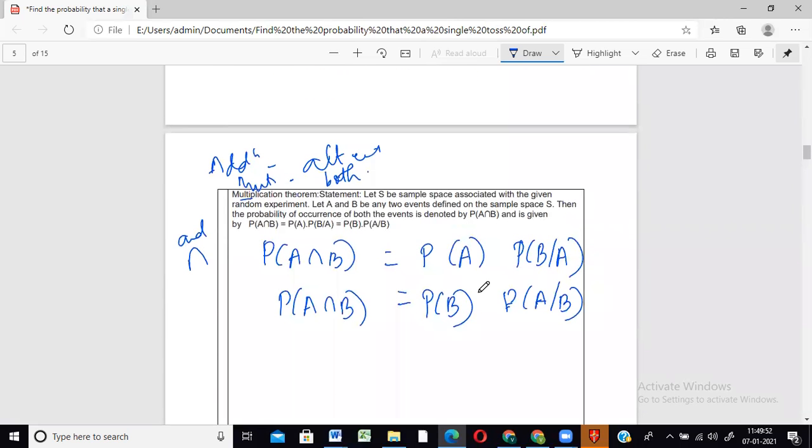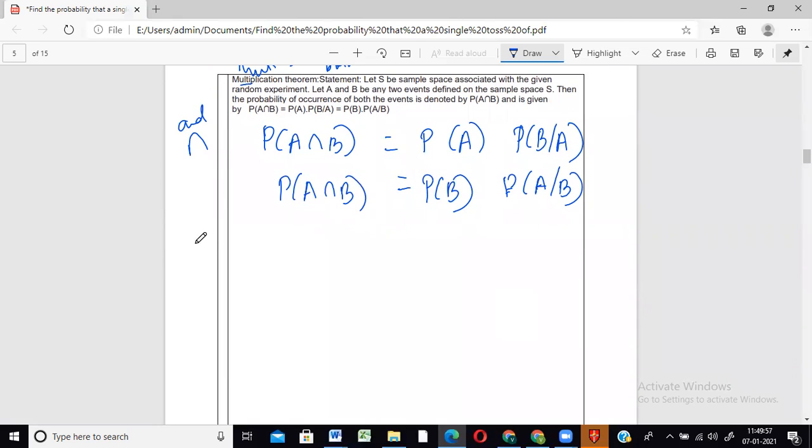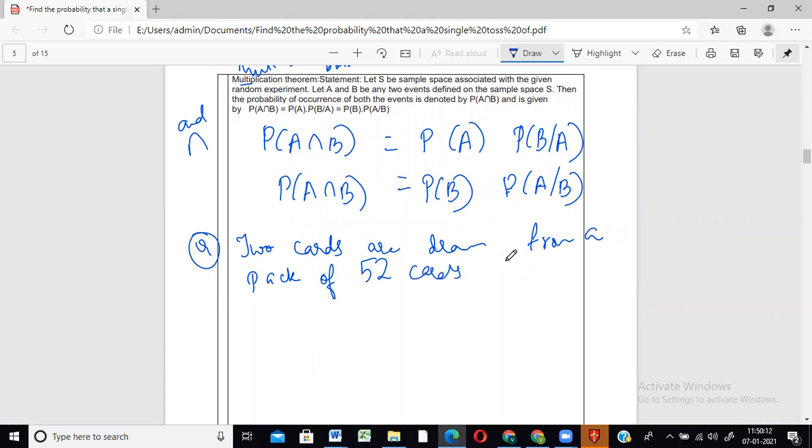Okay, I missed out a. Okay, suppose you have a question like this: two cards are drawn from a pack of 52 playing cards, one after the other, without replacement.